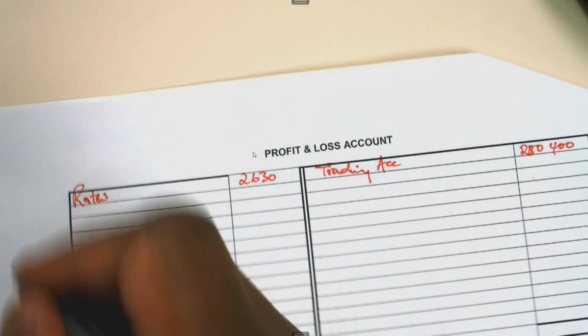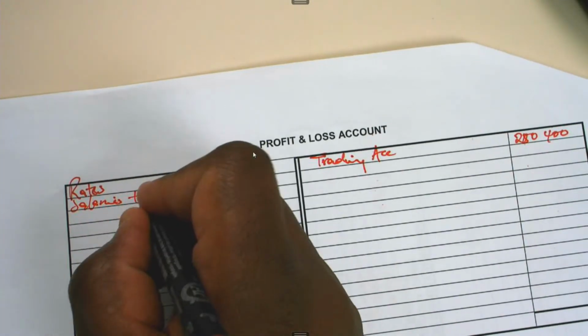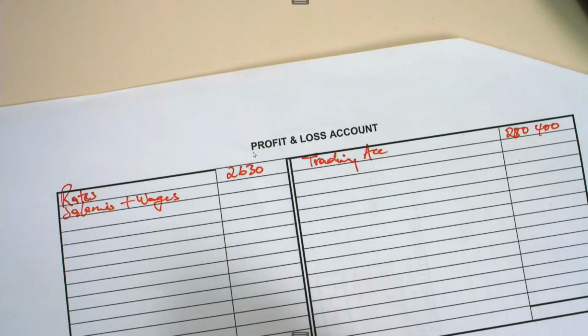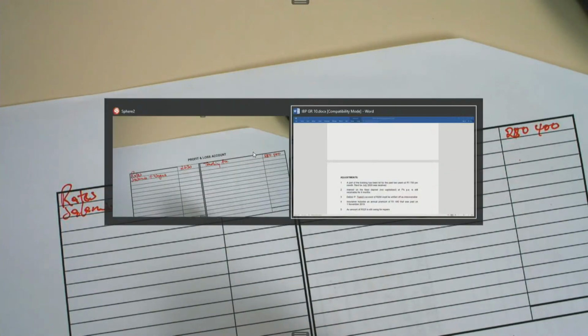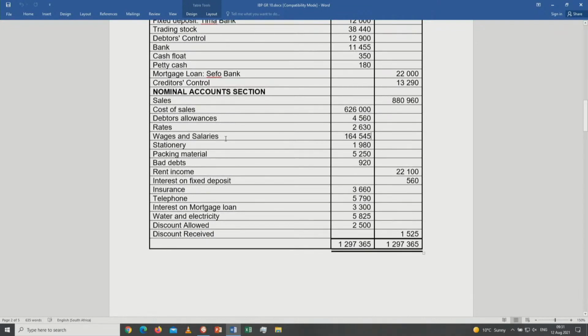Here we'll have salaries and wages. How much is it? It's salaries and wages 164,545. Then we go to the next one, stationery.